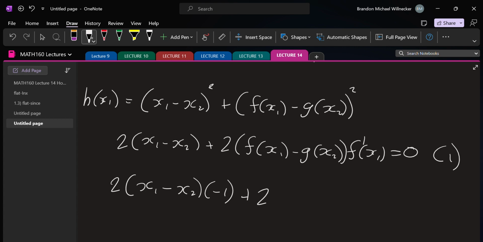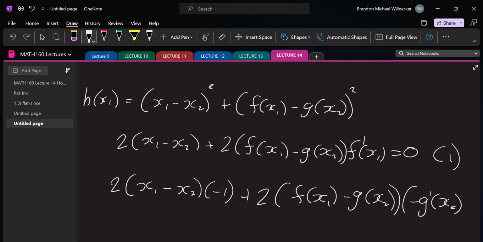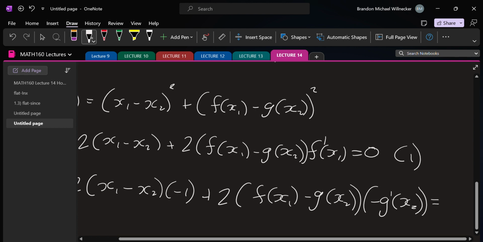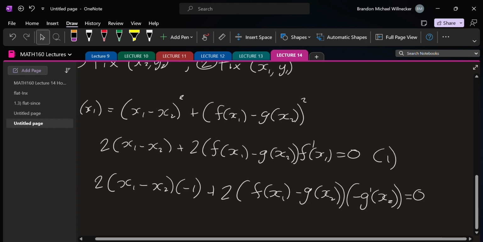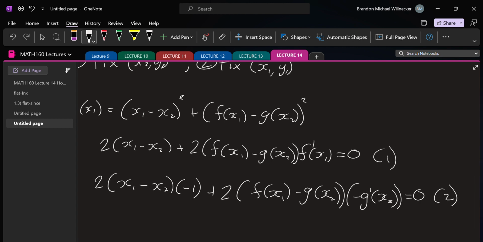So the derivative of that gives us the minus 1 there. Plus 2 times f of x1 minus g of x2 times minus g prime of x2 equals 0. That's our equation 2 from taking the derivative with respect to x2. Remember the minus signs there because of the chain rule.